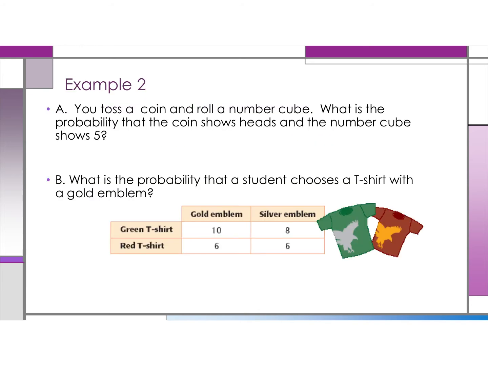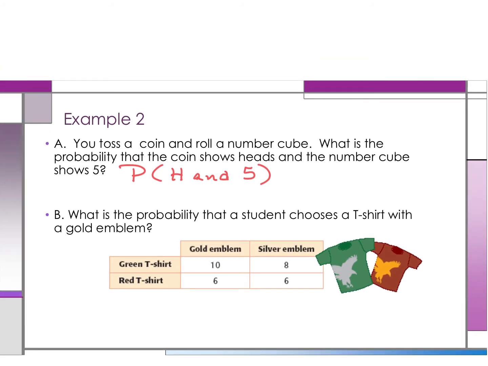So here, again, we're tossing a coin and rolling a number cube. It wants us to find the probability that the coin is going to land on heads and the number cube is going to be a 5. So here is where I need to write out my sample space. I already did it for this, but I'll rewrite the possible options again just so we can see it.